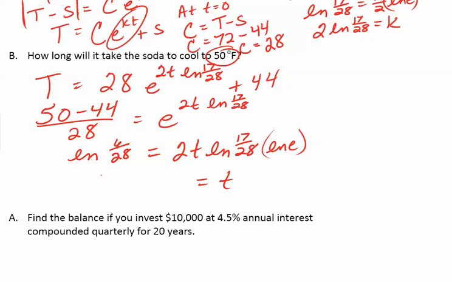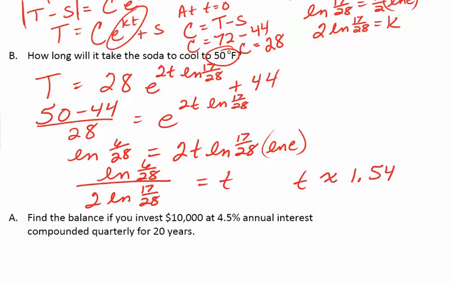So to figure out our time, you can clean this up, but why if we're just going to put it into our calculators? And I have approximately 1.544 hours. If you were working in minutes, I think that's about 92.614 minutes.